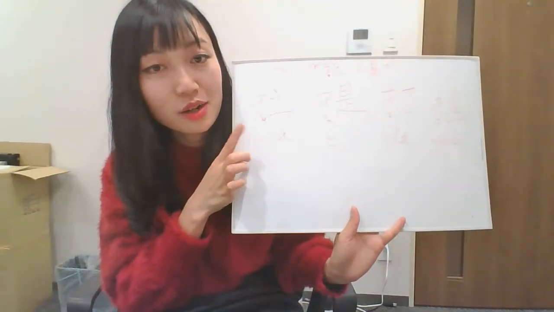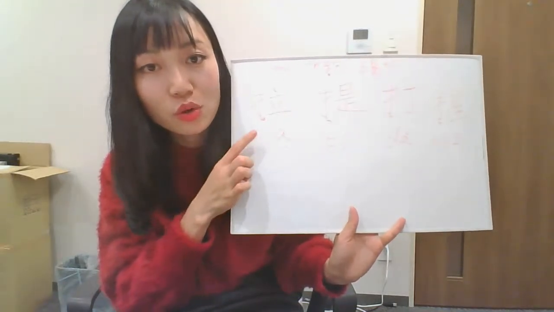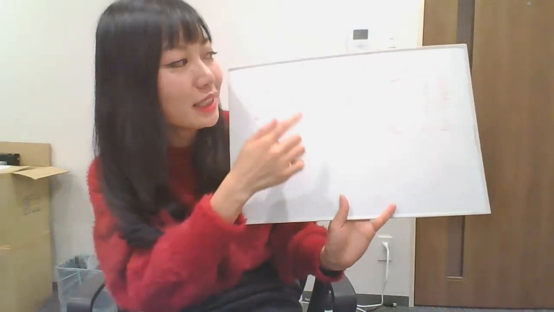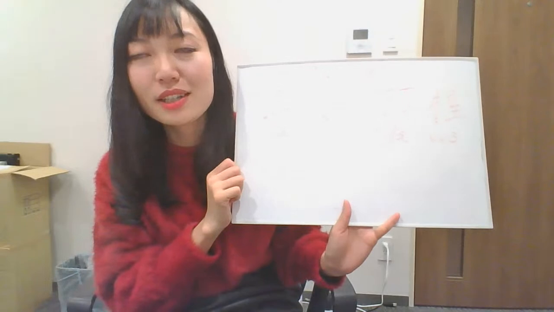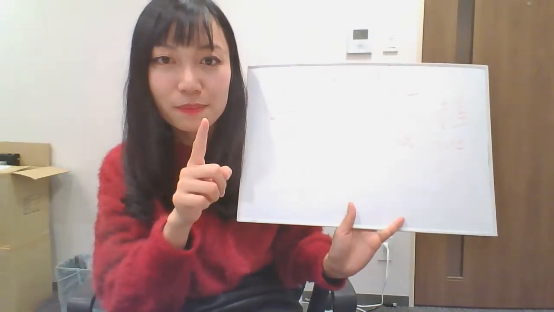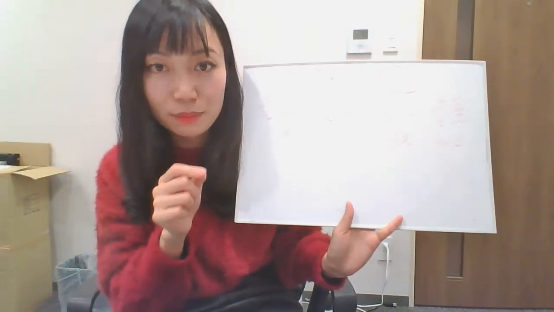So 拉, one pronunciation, one character. 拉提打握, each of them only one character. So in Chinese, sometimes one character, maybe 70%, it's a verb. You can imagine that.